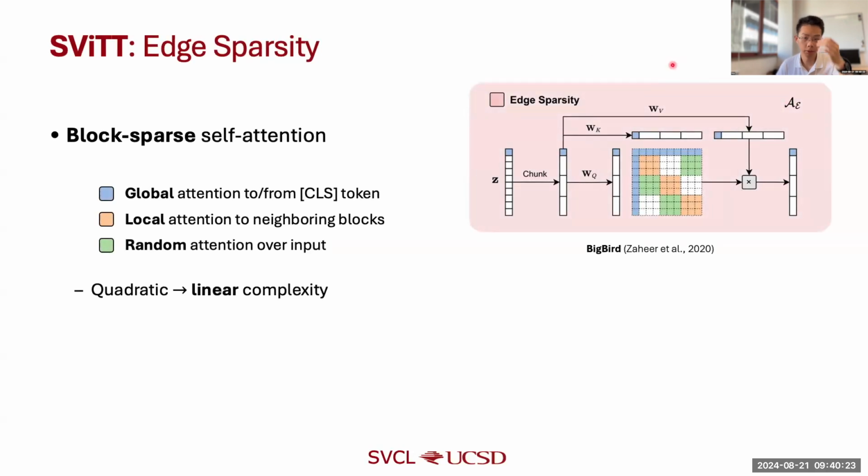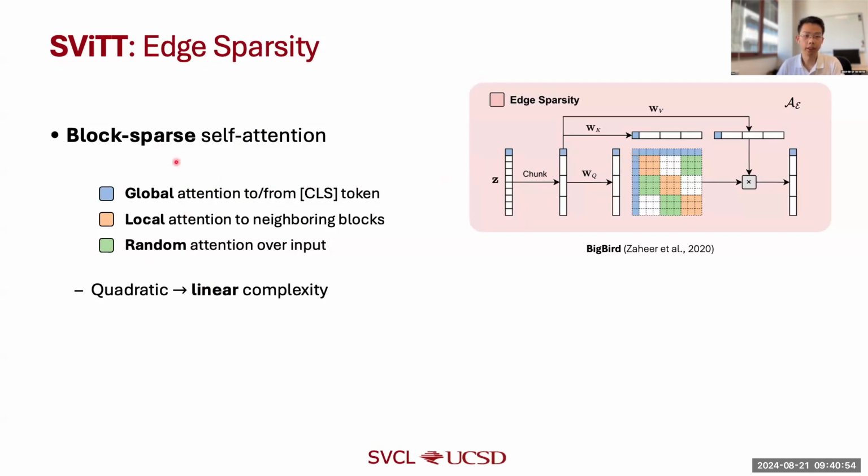We first tackle edge sparsity using a design that's inspired by the Big Bird text transformer, which has a block sparse pattern. If you let Z denote the sequence of video tokens, the first token in blue is a global token or a class token that aggregates information from the entire video. We group the adjacent video tokens into blocks and then define three types of edges in our sparse attention pattern.